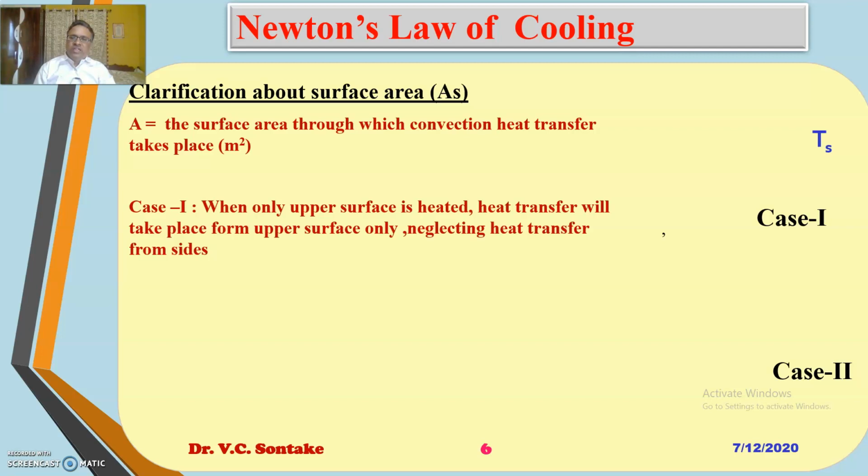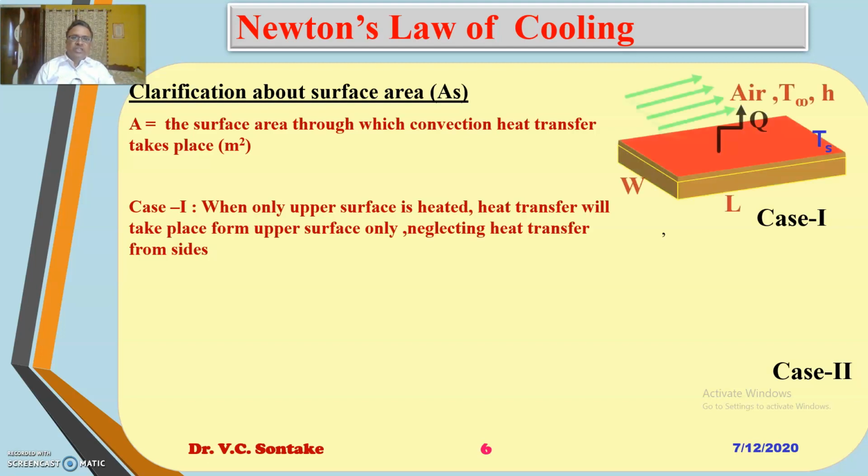We are not considering any heat loss or heat transfer from the side surface. Take the example of this solid surface. Here I am considering only the top surface is heated. The bottom surface is not heated or is insulated. I am also not considering any heat transfer from these four edges of this plate. Maybe there may be some heat transfer, but here I am not taking it into consideration.